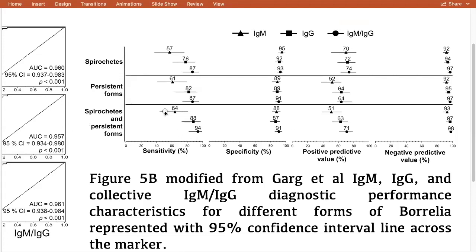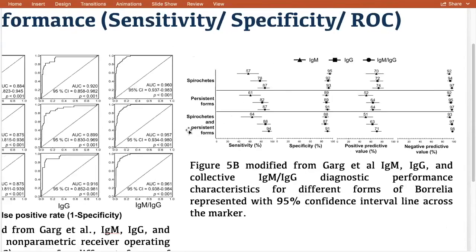For example, if you're looking at just IgM, the sensitivity for spirochetes and persistent forms is 64% versus for IgG, it is 88%. So we are showing this chart basically to be transparent in how and why we advocate the use of IgM and IgG together, including spirochetes and persistent forms in the testing and diagnosis of a Lyme disease patient or a suspected Lyme disease patient.